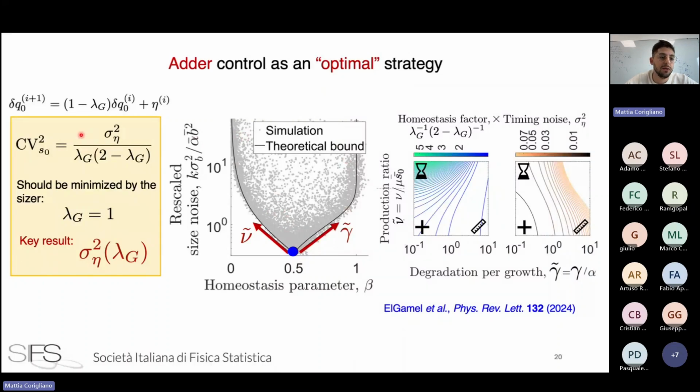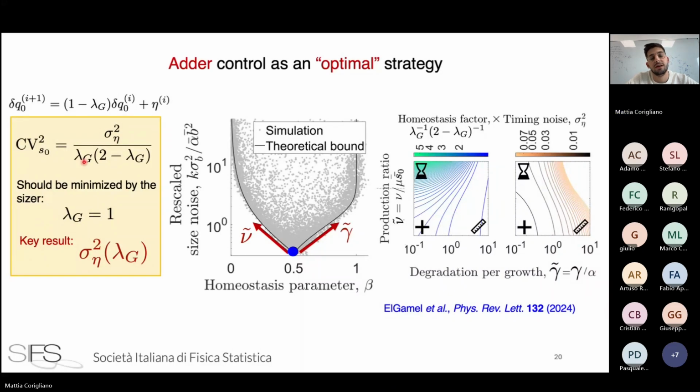And this is because if you look at the phenomenological CV square equation that we wrote initially, I told you that there was a contribution from the fluctuation in the timing noise and a contribution from the division control. But actually what they figured out, which is very interesting to me, is that also the term in the numerator has a lambda g dependence.